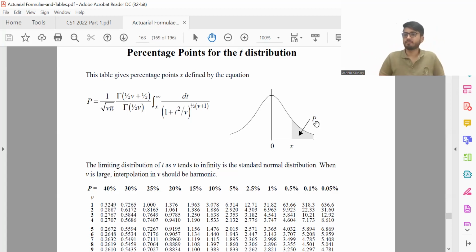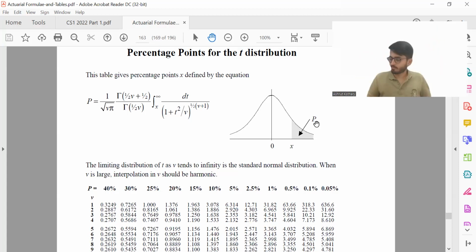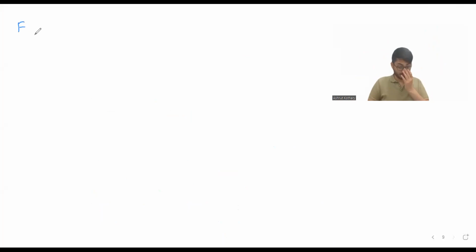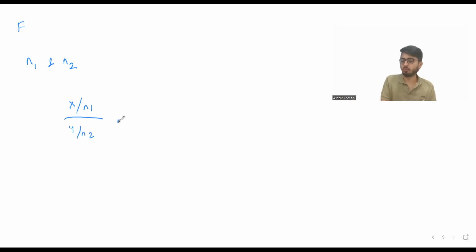Last distribution, F distribution, capital F. Write down, if two independent random variables have a chi-square distribution with n1 and n2 degrees of freedom respectively, then x by n1 divided by y by n2 follows F distribution with parameters n1 comma n2.